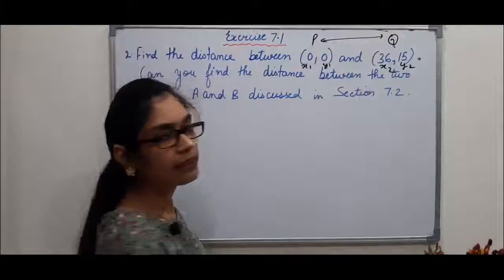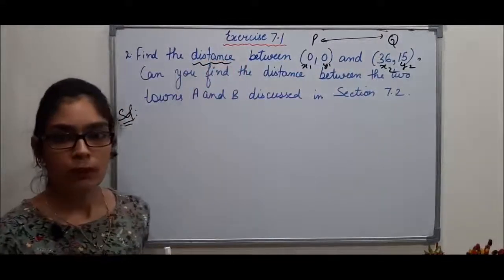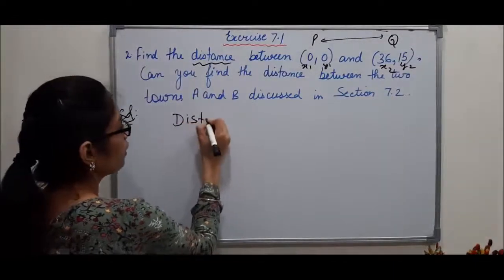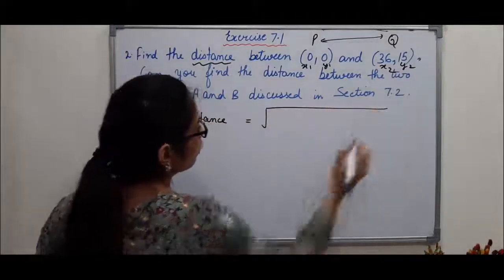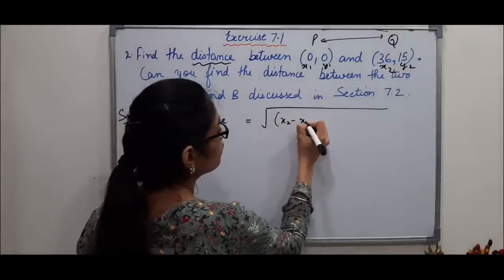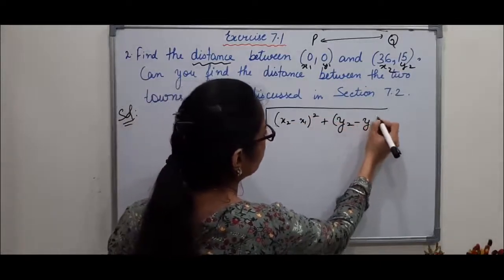So we have to find the distance between P and Q. The same distance formula we will use. So the distance between 2 points is equal to square root of x2 minus x1 whole square plus y2 minus y1 whole square.